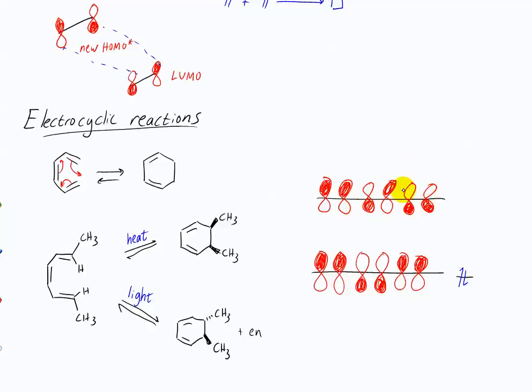So 1, 2, 3 nodes there, 2 nodes here. Let's draw those in. And the important part of doing this, actually wait, that's not right. Sorry.